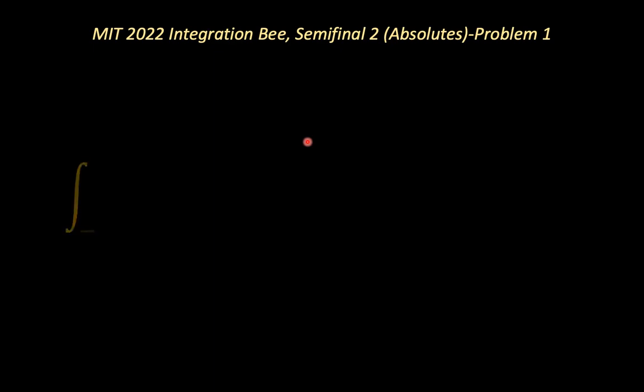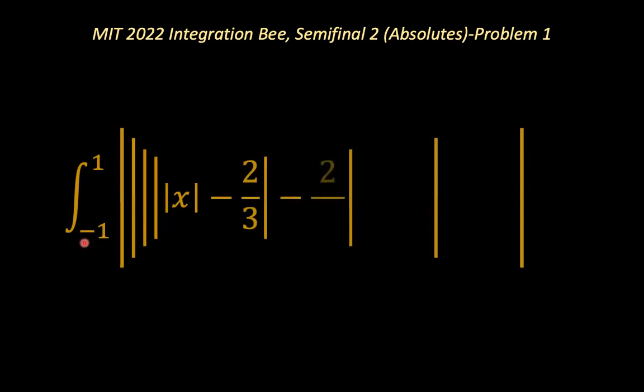As you can see, it is the integral from x equals -1 to +1 of the absolute value of x minus 2/3, that entire value taken as an absolute, minus 2/3 squared, again the absolute of that entire expression, minus 2/3 cubed, again the absolute of the entire expression, minus 2/3 to the power 4, absolute, and so on to infinity.